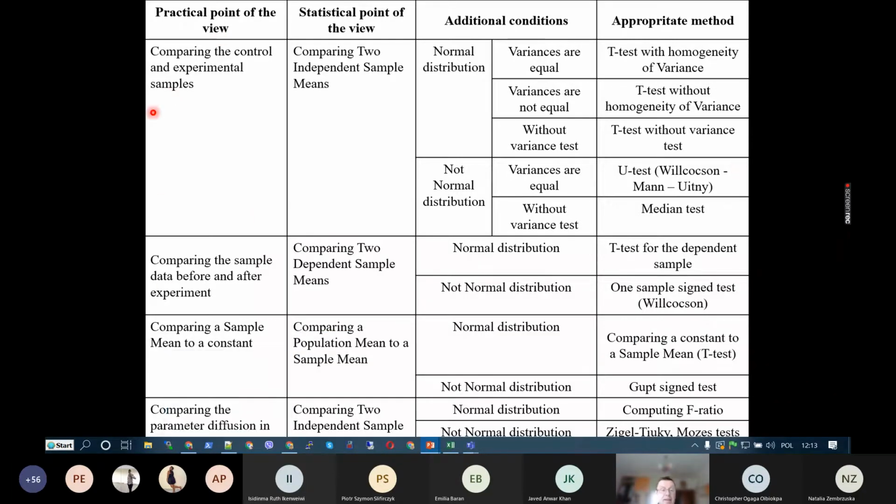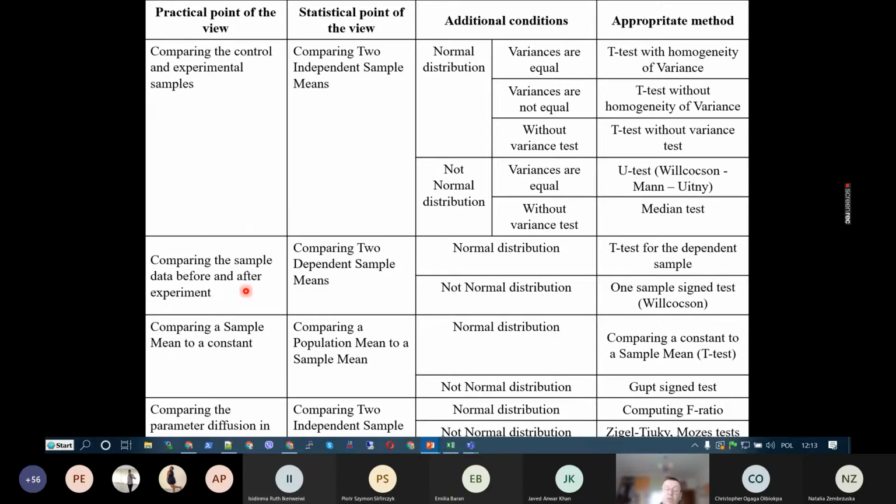At the first stage, the exact first stage we've spoken about, we look into the data and decide about the general statistical model, depending on whether we have control and experimental samples, or sample data before and after the experiment. If we have 2 groups, one given medicine and one placebo, it's definitely control and experimental groups.